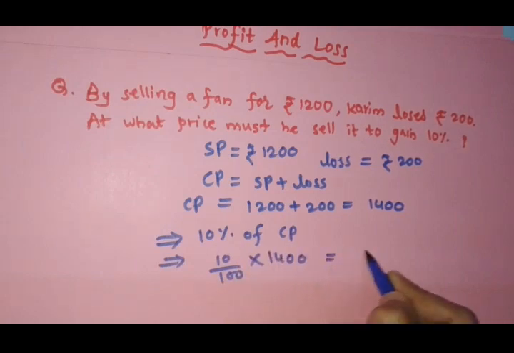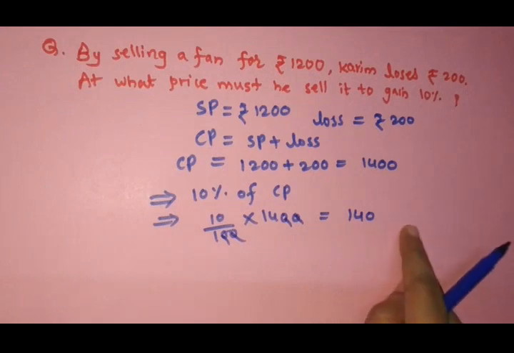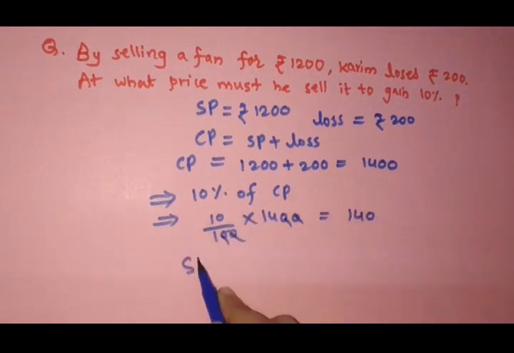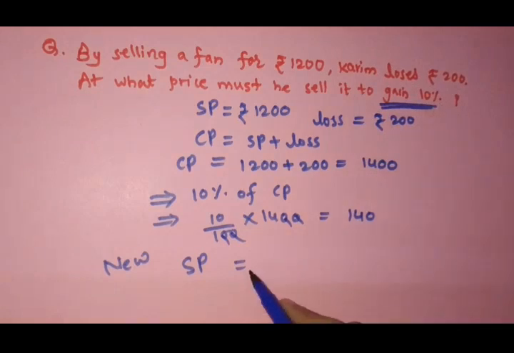So it is just a simple 140 rupees. You can cancel out the zero. So friends, this 140 rupees will be added to our CP, so we get the new selling price to earn a profit of 10%.